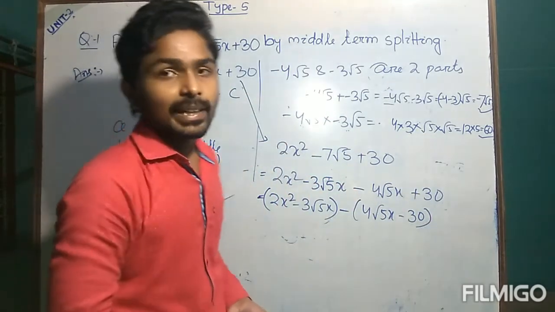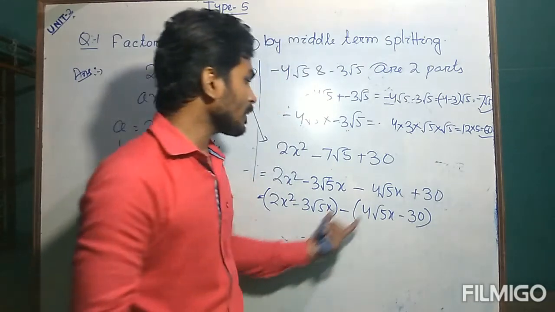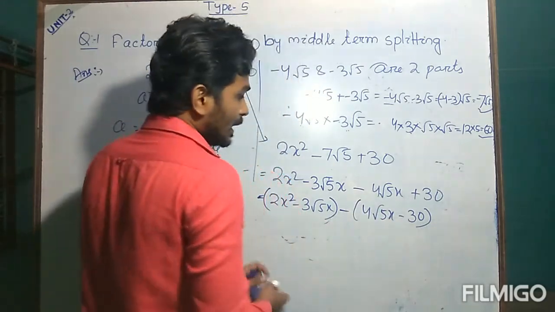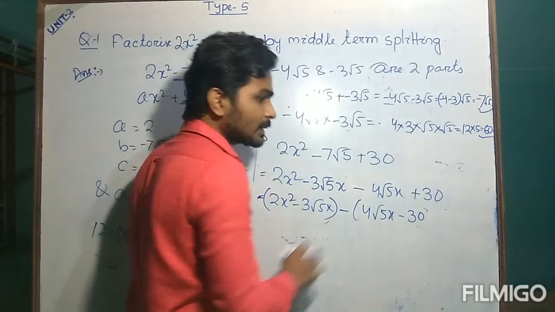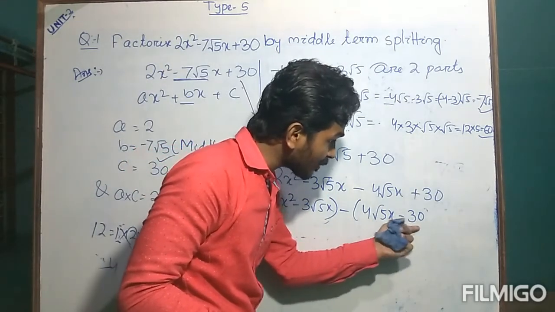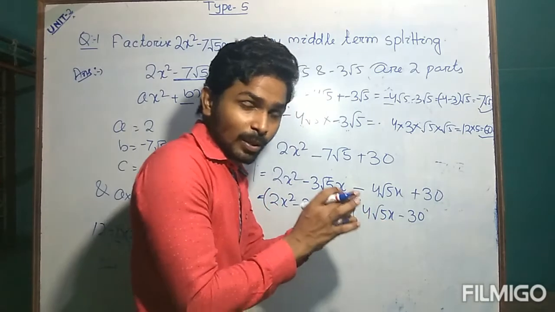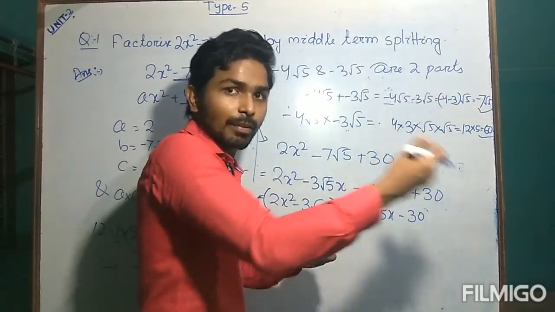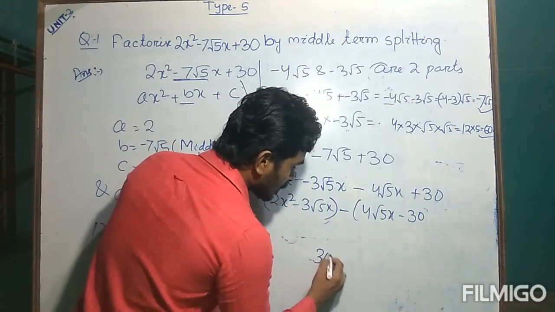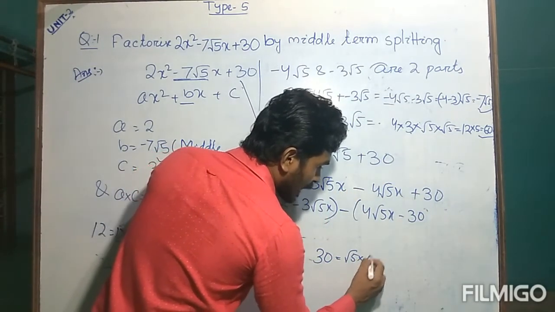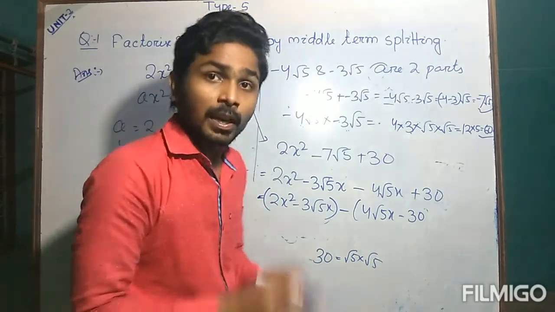Now we need to take common from the first two terms and the second two terms. But before that, you can see in the second two terms root 5 is present. That means we have to factorize this 30 into some product with root 5. Okay, how? You can write 30 as root 5 into root 5. Root 5 into root 5 is how much? 5.